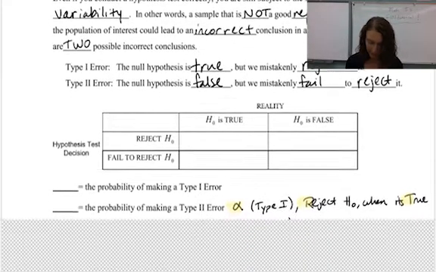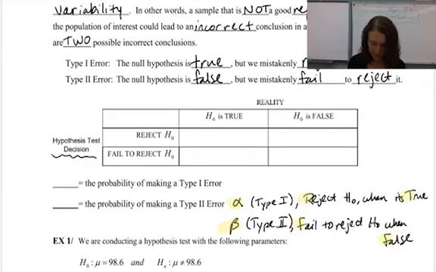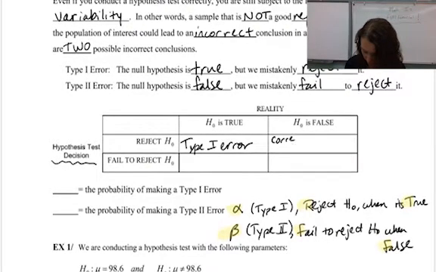We have this nice little table here to help us remember. For our hypothesis test decision, if we decide to reject H naught when H naught was true, that is a type 1 error. Now, if we decide to reject H naught when H naught is false, that's a good thing. This is a correct conclusion.